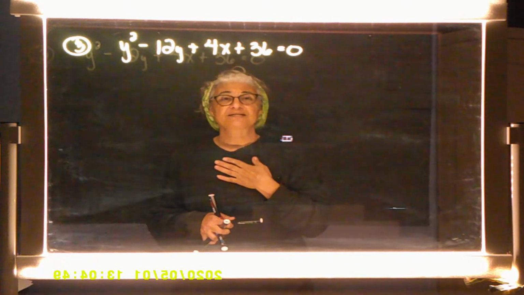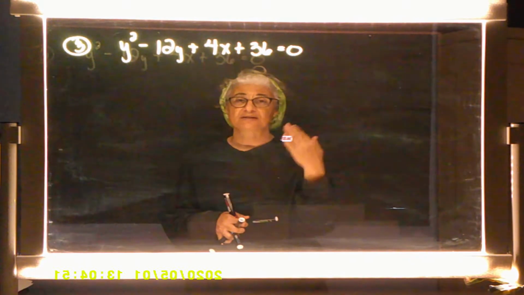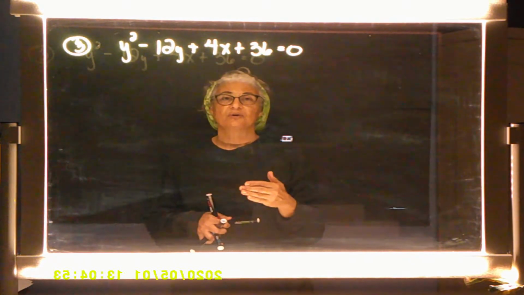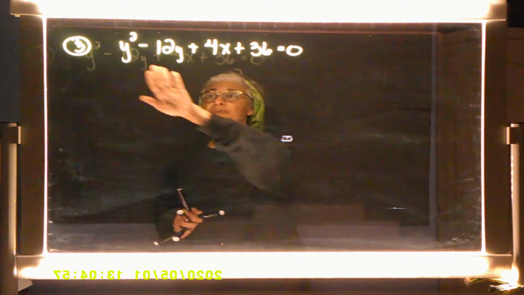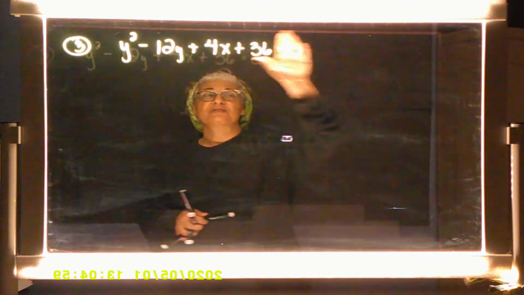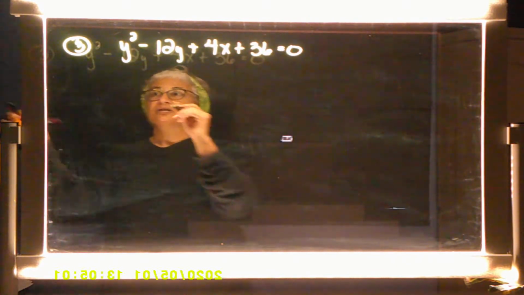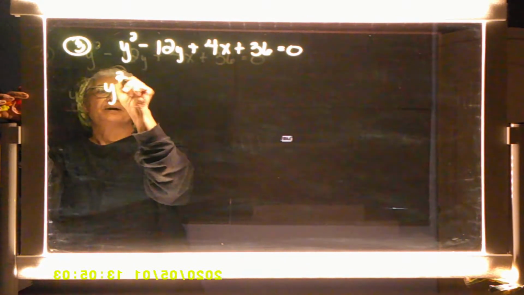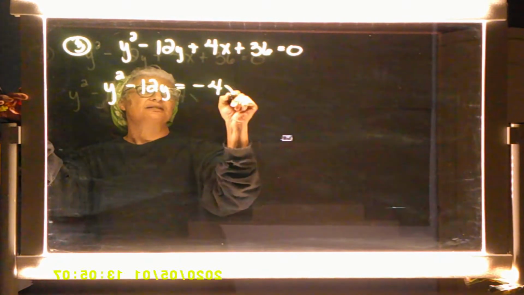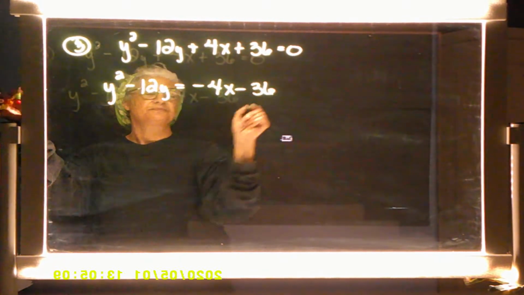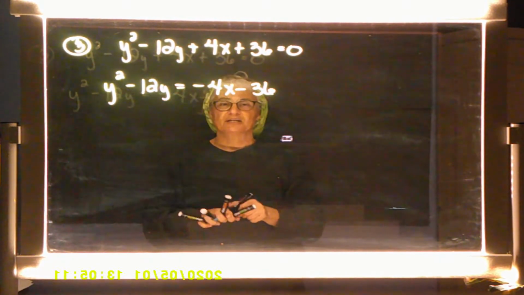And the way we get it in standard form, remember, is to complete the square. So, if I'm going to complete it based on the y's, then everything else has got to move over. I need these y's by themselves so I can complete the square correctly. Good?